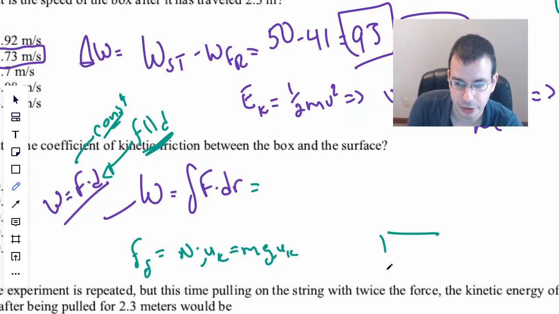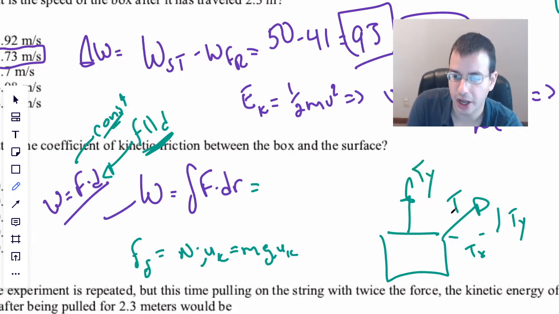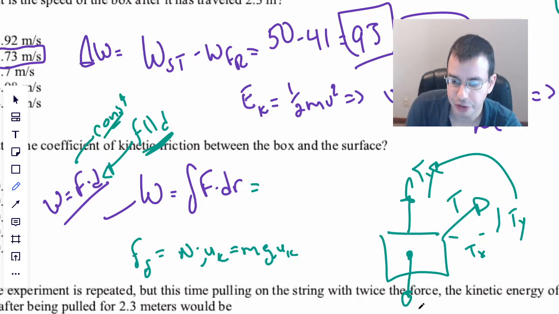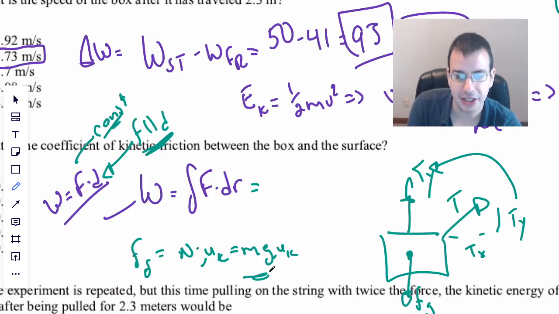Drawing a picture, we have tension going this way. So we have a tension X. We also have a tension Y, pulling up, but we have a force of gravity pulling down. So this mass gravity is going to be counteracted by the normal force pushing up.